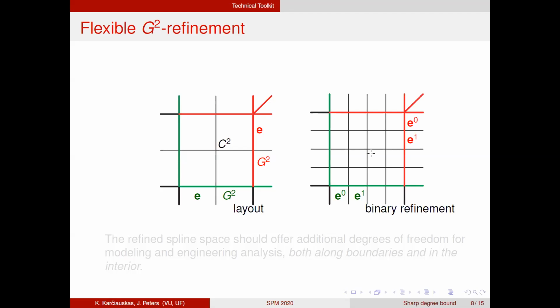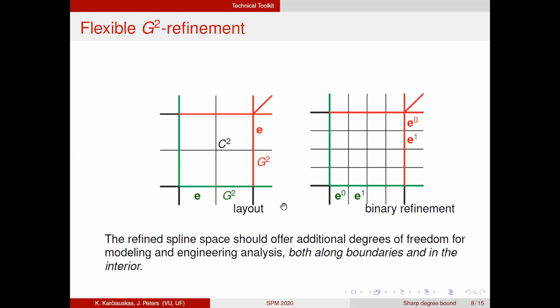And as was mentioned before, because we want to use this to modify or improve an existing solution, we should always get additional degrees of freedom, not just in the interior, but along any of the edges. And the main proof for a lower bound will show that for biquintics, you cannot achieve that.